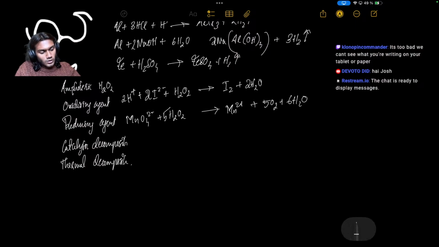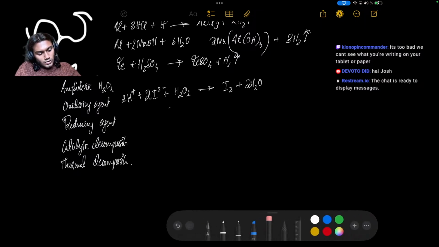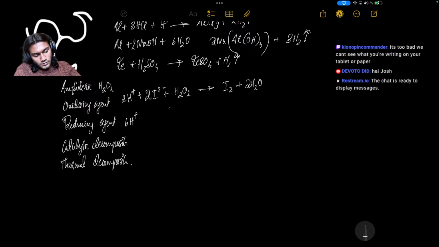So this was wrong. Reducing agent. Hydrogen peroxide acting as a reducing agent. So it's 6H plus.